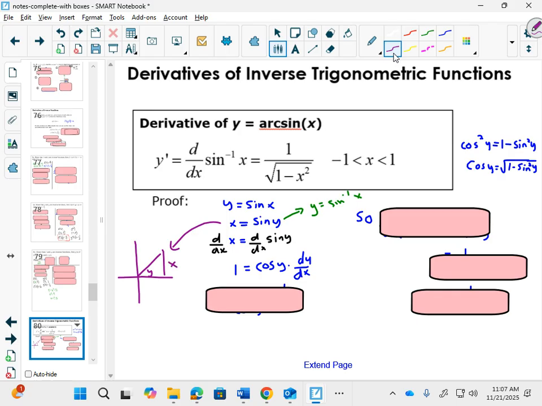This would be x, and hypotenuse would be 1. And if you did a squared plus b squared equals c squared, do you see that this side will be the square root of 1 minus x squared? Which, if we look in our answer to the derivative, is something in my answer. This might be important.